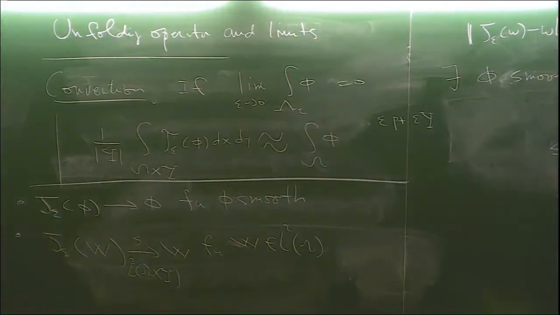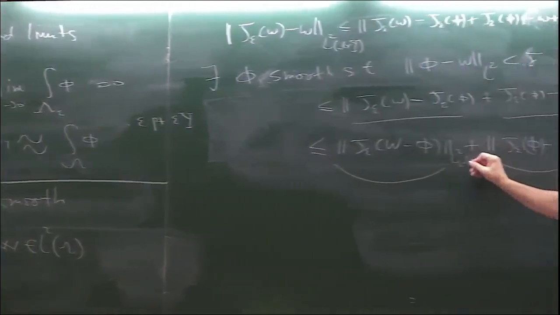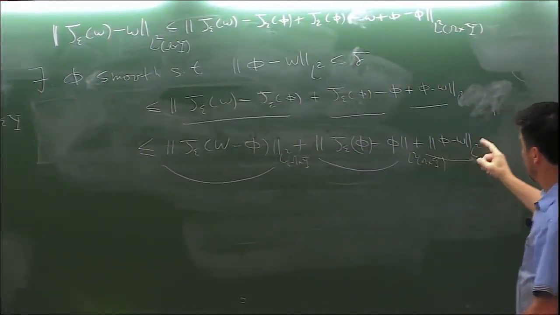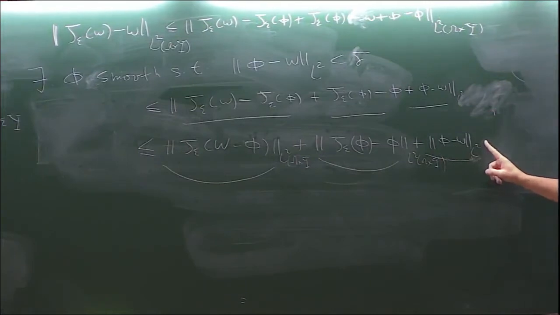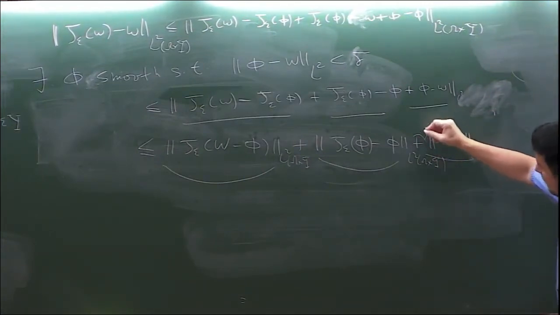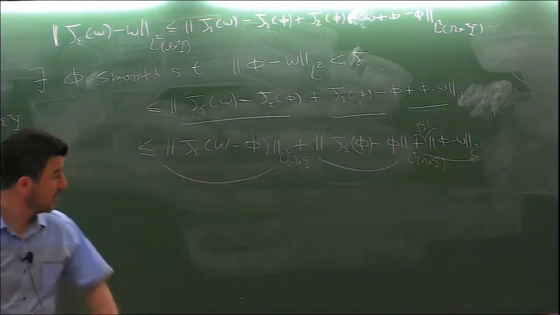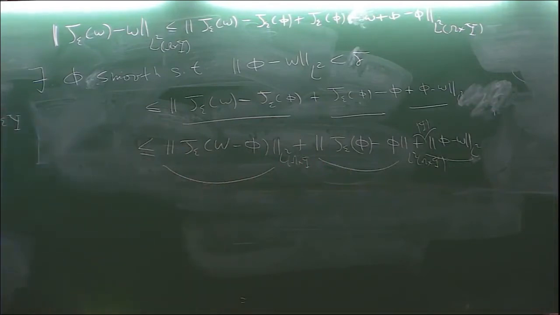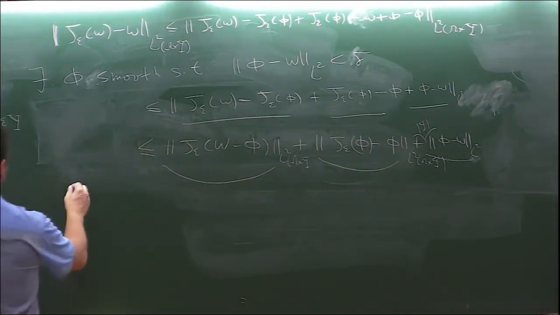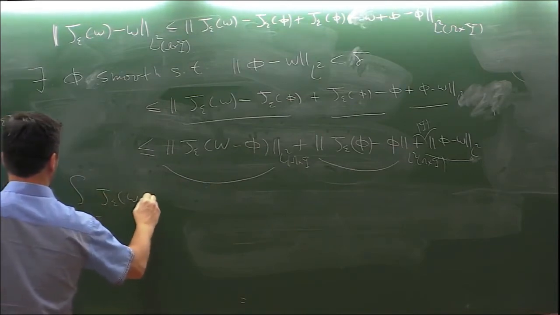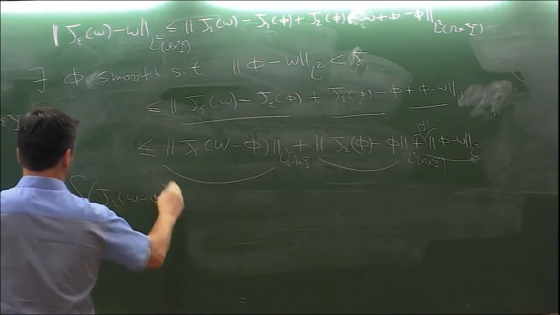When I break the whole thing, this is in the product space, this is in the product space, and this is in the product space, but it doesn't depend on y, so I'll have a measure of y here. Now, what do we do about this? This is the only thing which we don't know what to do about. Well, we use the fact that T epsilon verifies the unfolding identity. So I look at its L2 norm.